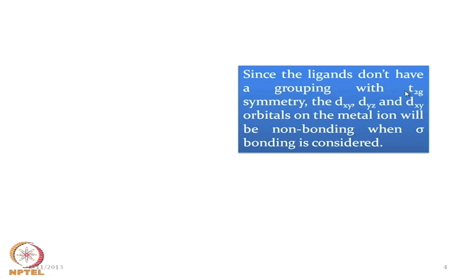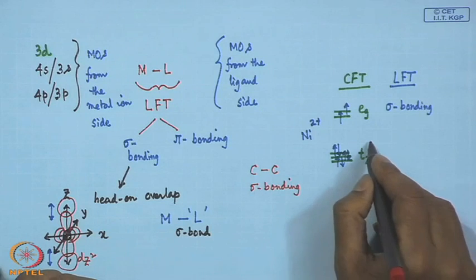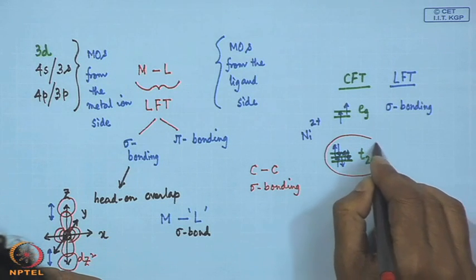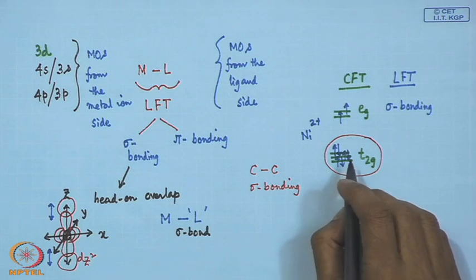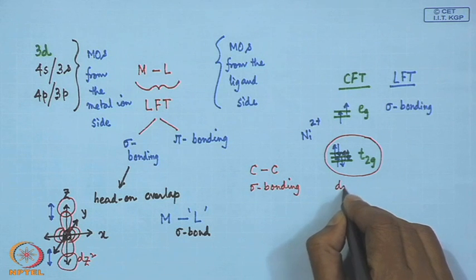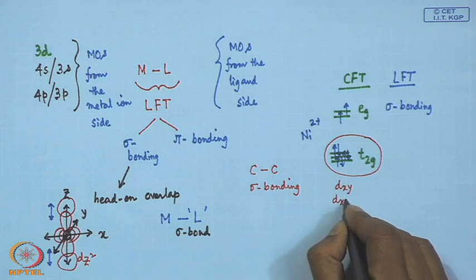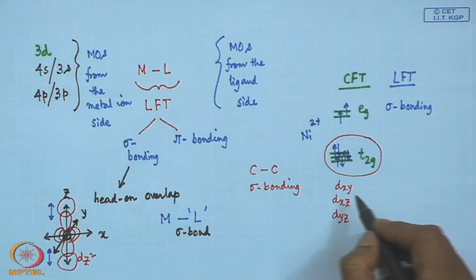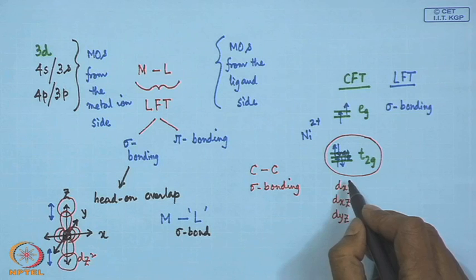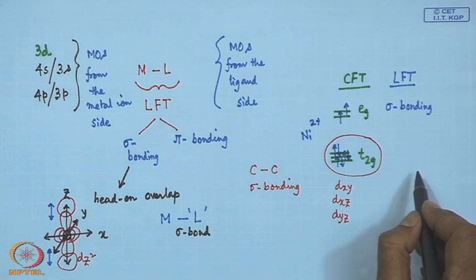Then we see the other set which we have not utilized for sigma bonding, that means the T2G set of orbitals which we saw in crystal field theory. In that case we have the electrons available in these T2G levels, and these dxy, dxz and dyz orbitals will not have any matching symmetry from the ligand side for sigma bonding.